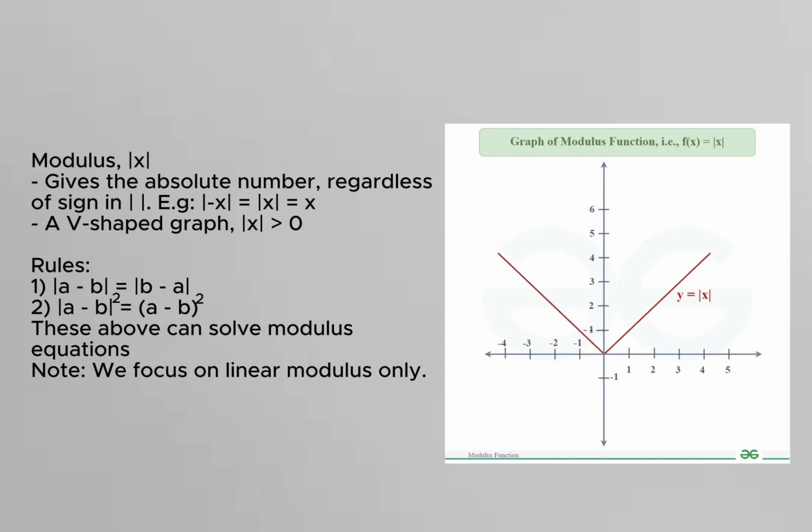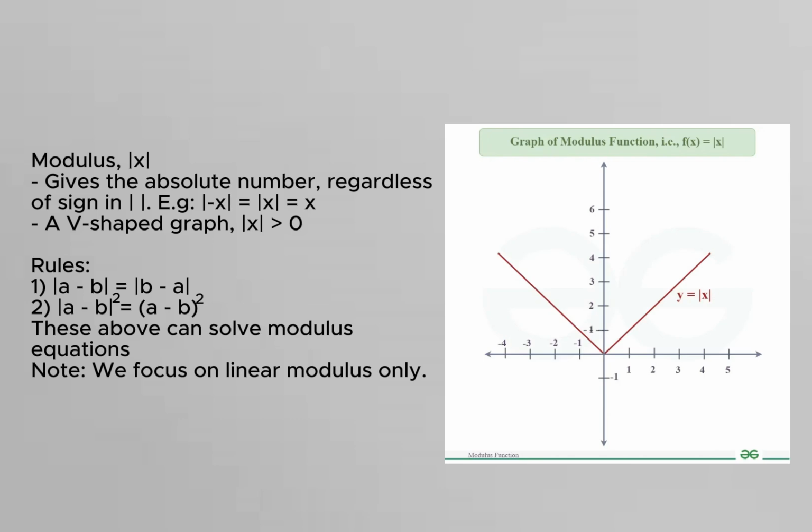There are a few rules to this. The first one being that the modulus of a minus b equals the modulus of b minus a. That is because both numbers are equal on both sides. Then the first rule is applied. For the second one, this one is a little strange, but with the square present, you are basically turning a negative value into a positive value.